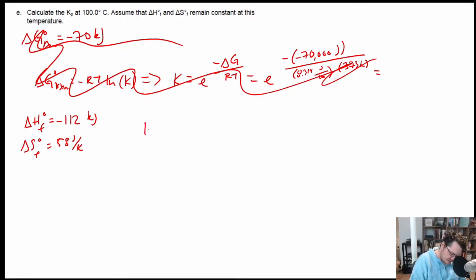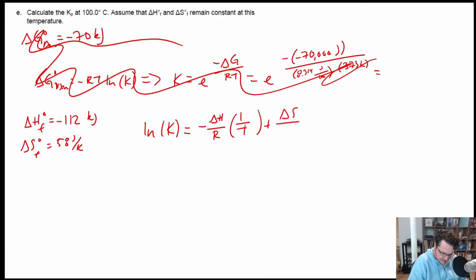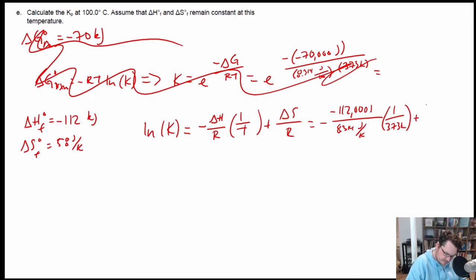And so then if we use the equation, natural log of K is equal to negative delta H over R times 1 over T plus delta S over R. We can plug in, so we have negative negative 112,000 joules over 8.314 joules per Kelvin times 1 over 373 Kelvin, plus 58 joules per Kelvin over 8.314 joules per Kelvin.